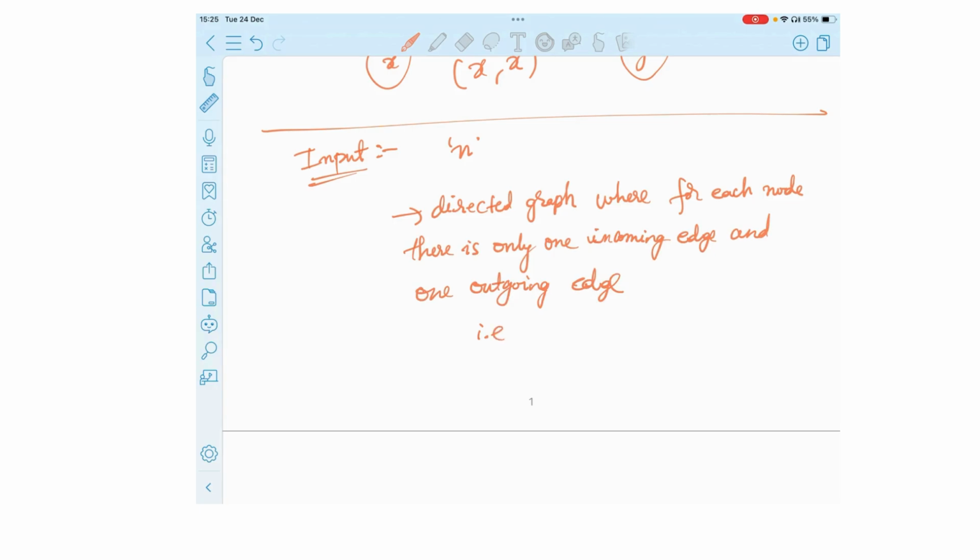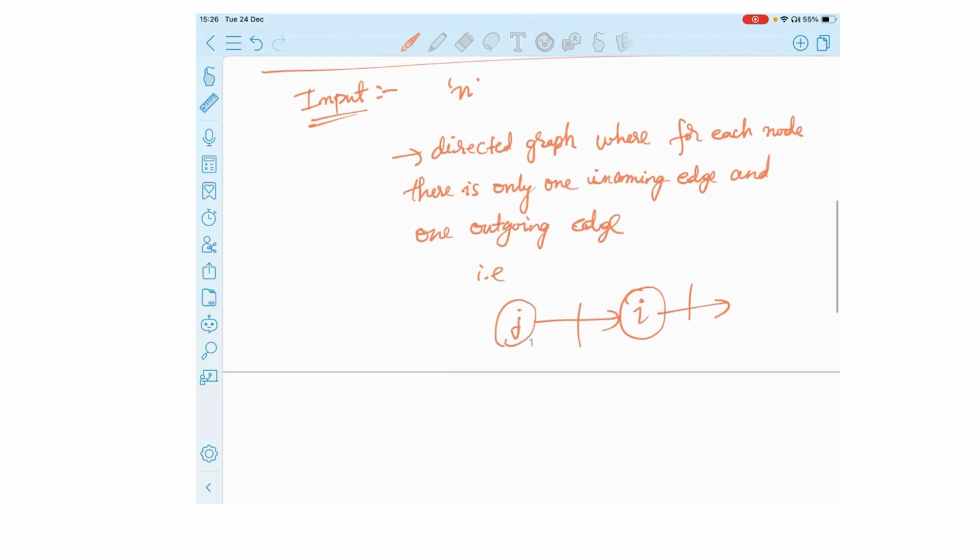That is, if i is the node, which is a station, then you can only go to one station from the ith station. So there is only one outgoing edge, and there exists only one j such that i can be reached from this jth station directly. So one incoming edge and one outgoing edge, and this j may or may not be equal to i.